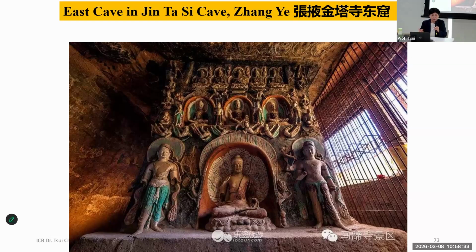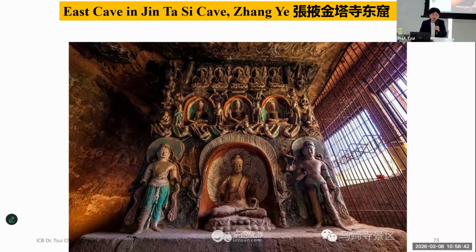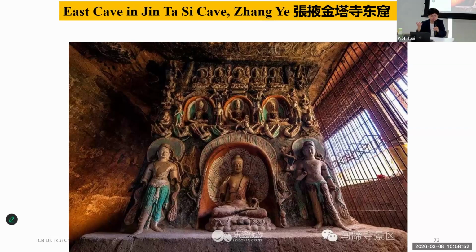Maybe you can see the style of the sculpture is different from the Northern Wei in Dunhuang. They also used clay sculpture to create a lot of small statues of the Buddha and attach them on the wall on the central pillar. So here is a group of clay sculptures of the Buddha statue.